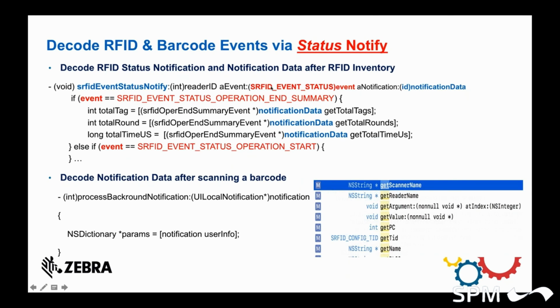If you receive an operation end summary event, you can decode the notification data, and from it you will know how many tags you received during the inventory operation and how much time you spent during the inventory operation.